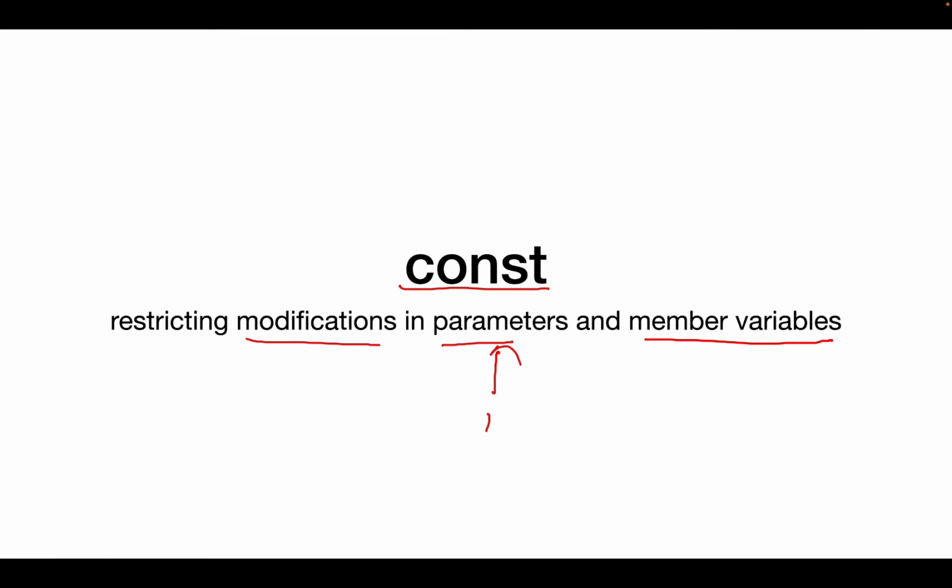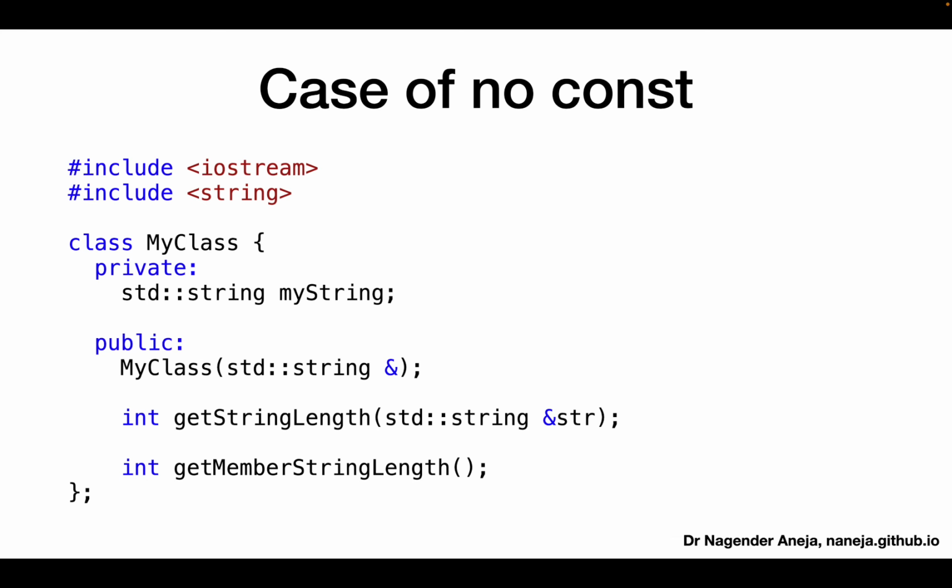The second requirement is that since you are a member function, if you are not a mutator, you are not allowed to change the state of other member variables in addition to the variable that has been given to you. These are the two things that we want const to implement.